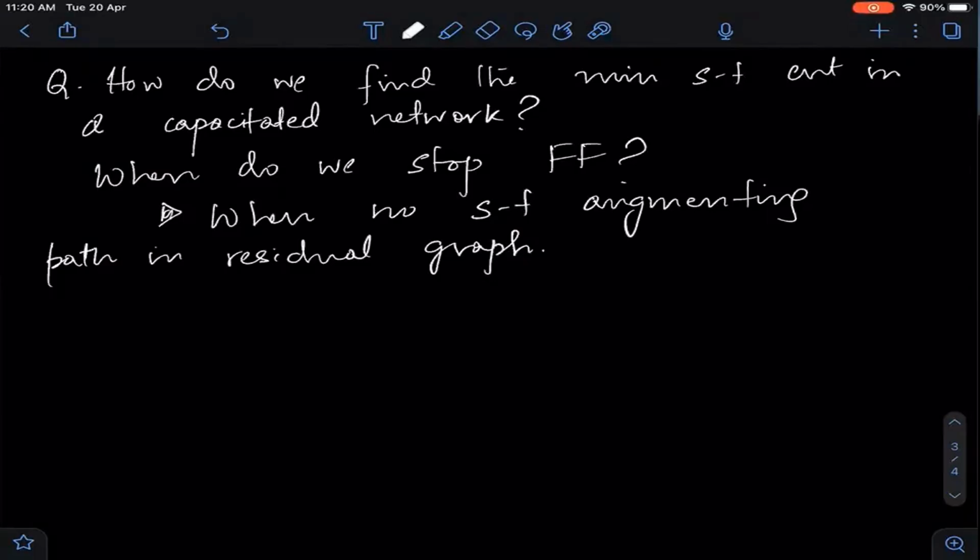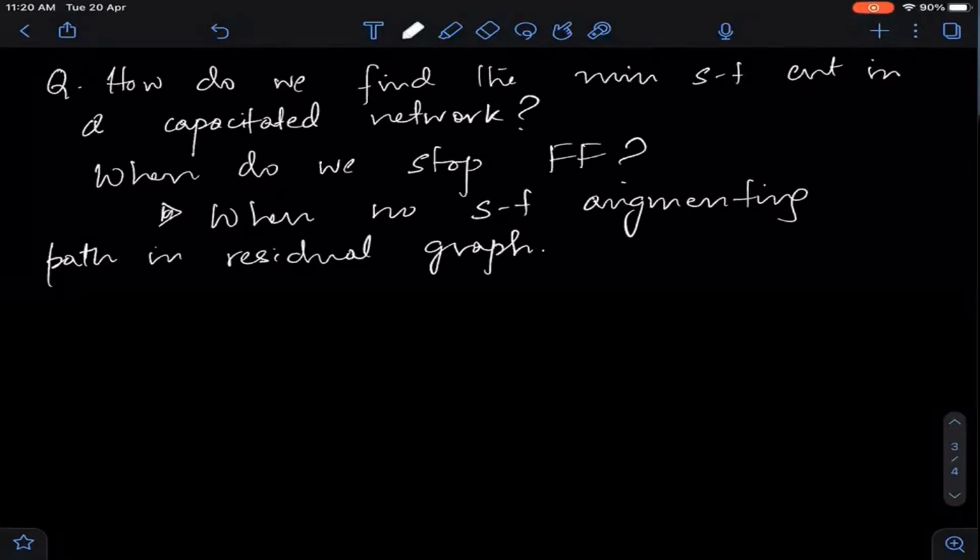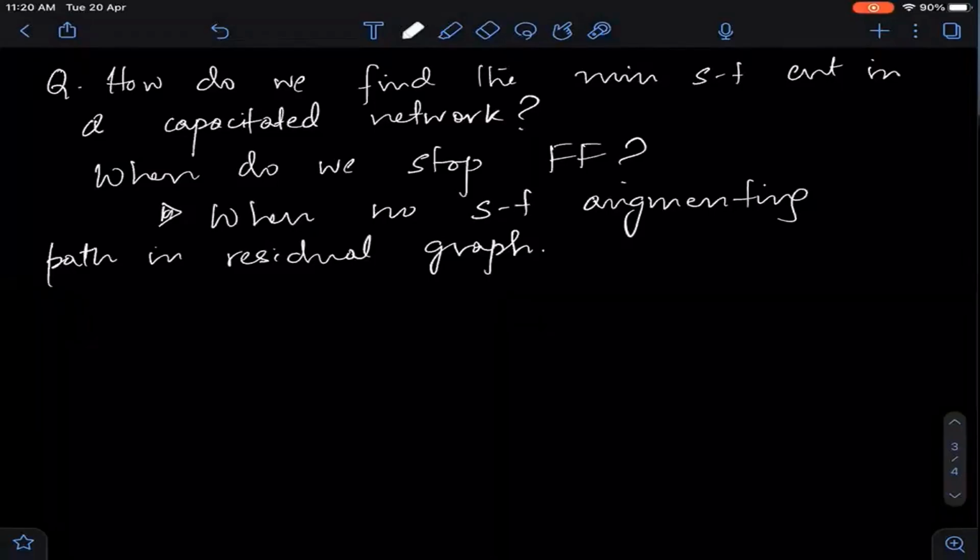Very good. Okay, so remember, the point where we stop the Ford-Fulkerson algorithm is when there is no ST path in the residual graph. So now what you will do is find A, which is the cut that I want to find.